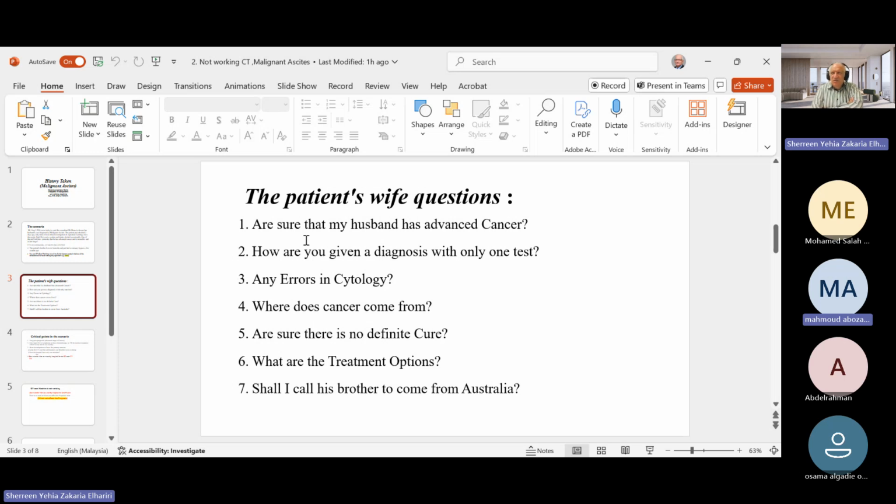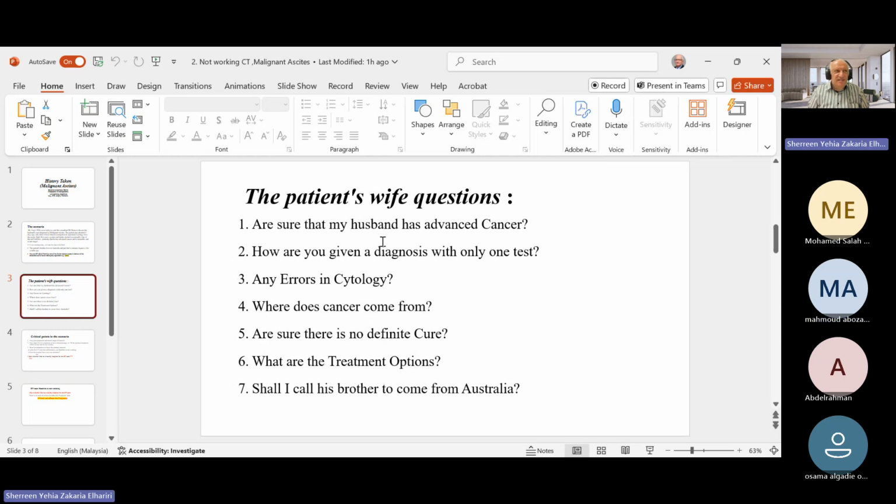But your friend told him it's advanced cancer. Is that true or not? How does he know that it is advanced? Okay, because the presence of malignant or cancer cells in the tummy means that the tumor has spread to a second, distant place.